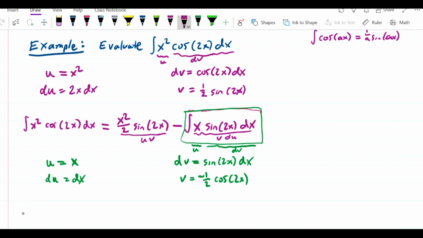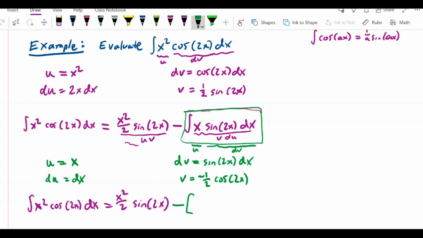This becomes the original problem: the integral of x squared cosine 2x dx is equal to x squared over 2 sine 2x. In other words, that just comes right from up here, from where I wrote it. And now let's switch to green. This is going to be minus, and I want to replace this expression in the green box with its integration by parts equivalent that you see in the green writing. So that's going to be minus negative x over 2 cosine of 2x.